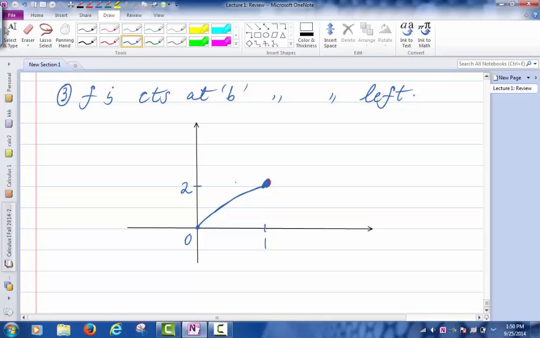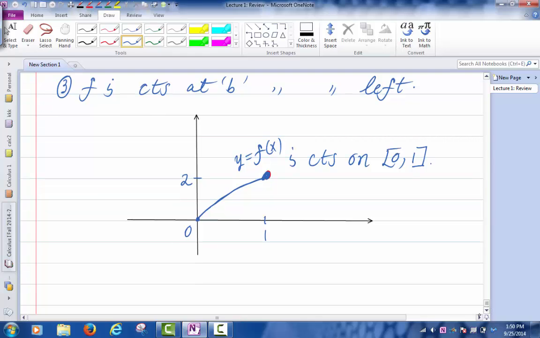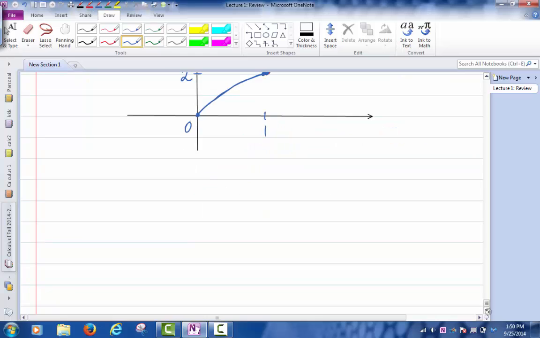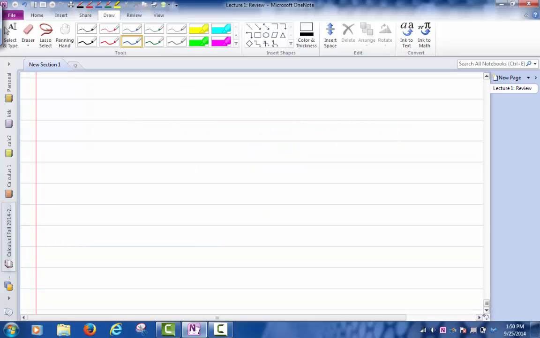So this function, let's call this function f of x, is continuous on 0 to 1. Everybody's okay? Okay. So that's that.